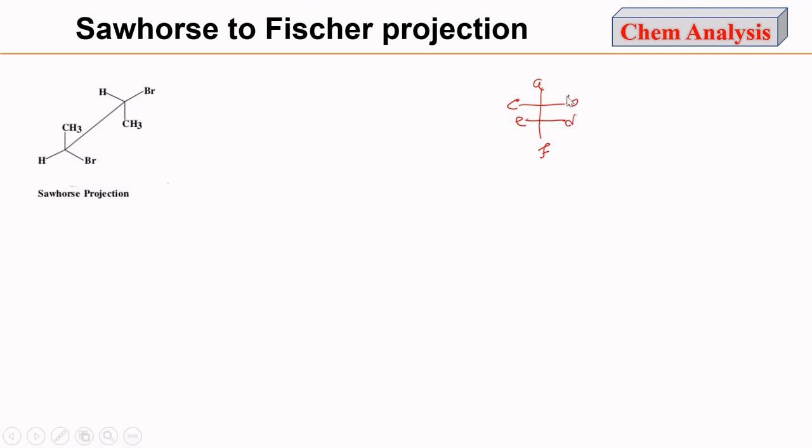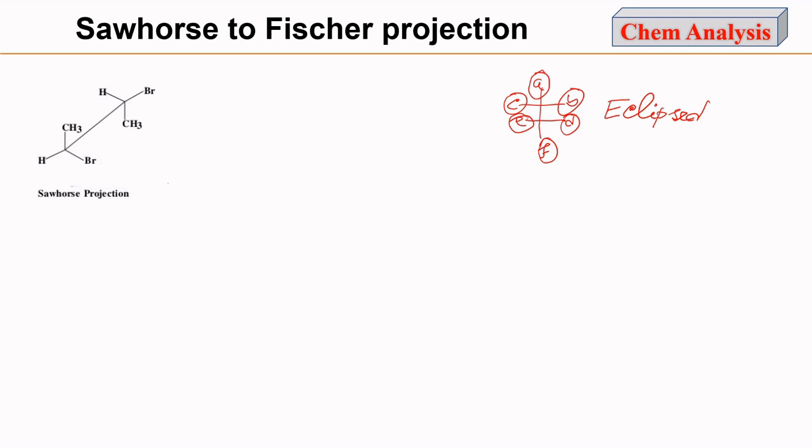That means in this structure, the B and D substituents will be eclipsed. Similarly, these two will be eclipsed to each other, and the A and F substituents will also be eclipsed to each other. That is, the Fischer projection formula denotes the eclipsed structure.